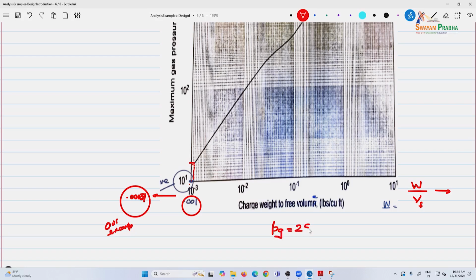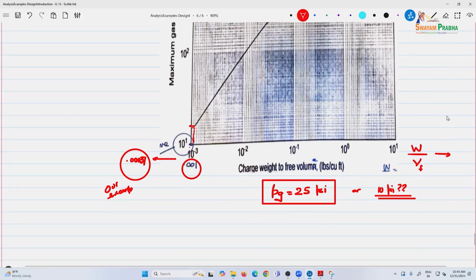And help me with some calculations, my numbers are a little different. Do you agree with me, PG is 25 psi, somewhere there. Or if you assume even 10 psi, I do not know, since it is off of the charts and the lowest value is 10, that is also something, and we get a big difference in the numbers.